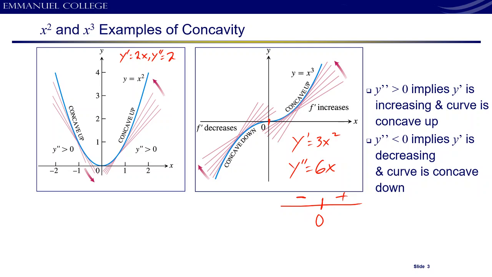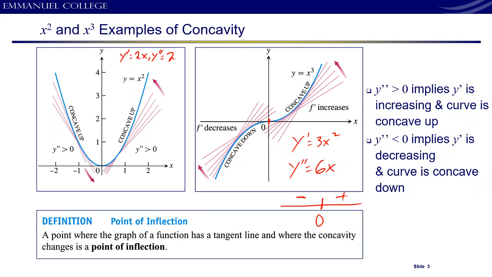Now, these are just two cases where you can have no change in concavity, or you can have one change in concavity. Take a function like sine, which changes concavity an infinite number of times across the whole x-axis. But you use the second derivative to determine where those points are.